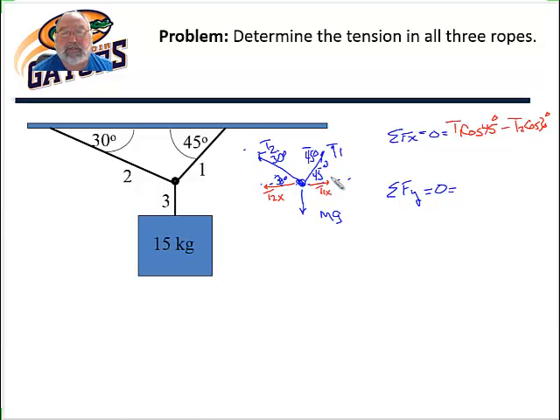And the y component of T1 is in the positive direction, it's pointing up. So that would be T1 sine of 45 plus T2, and the y component is T2 sine of 30.